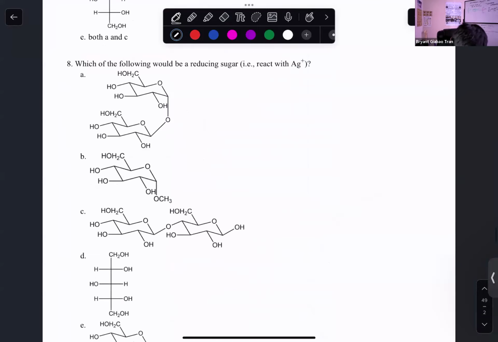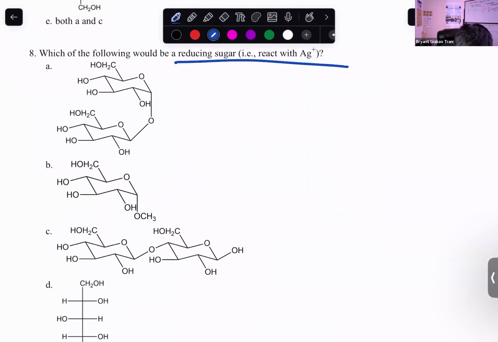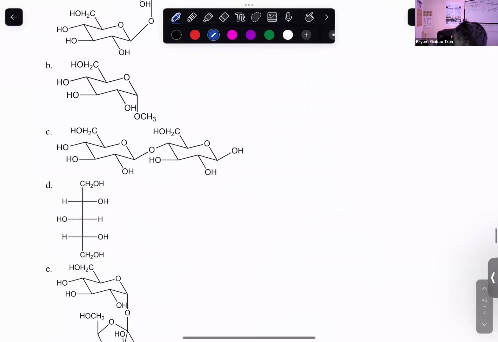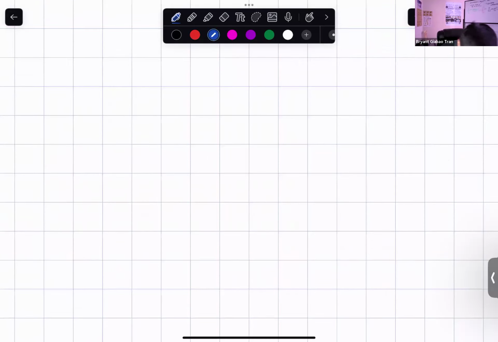Okay, so this question here, question 8: Which of the following would be a reducing sugar and can react with a silver ion or do mutarotation? So let's go over the concept of what a reducing sugar is and what a non-reducing sugar is.